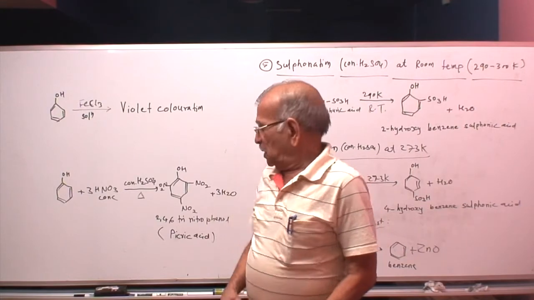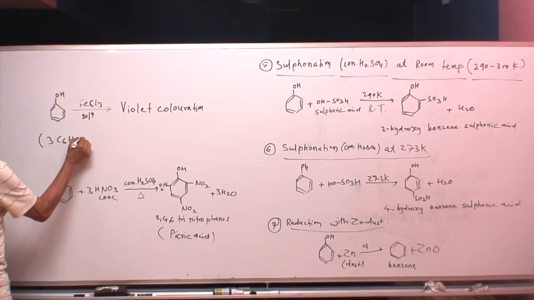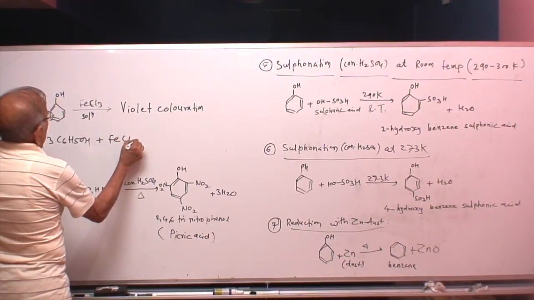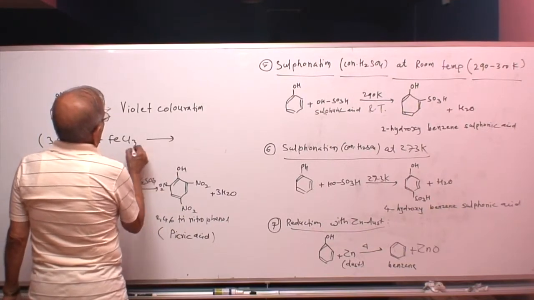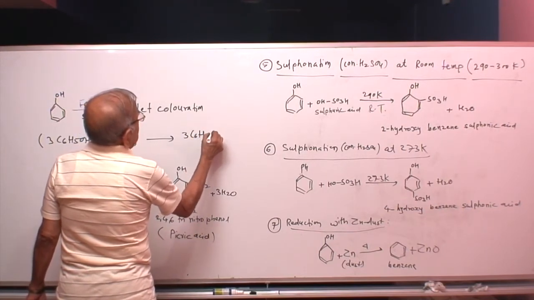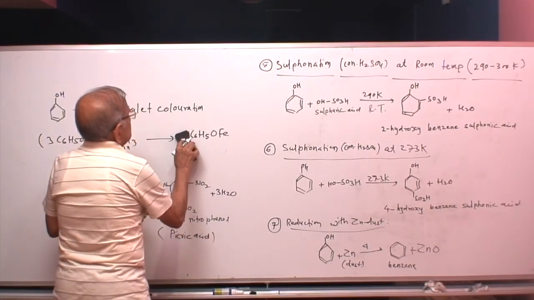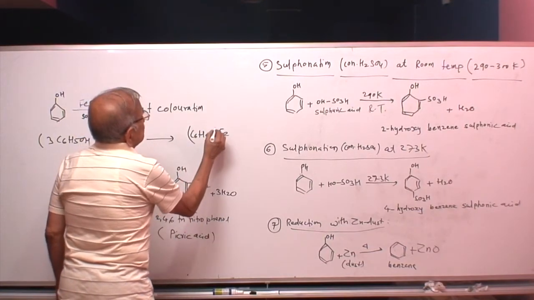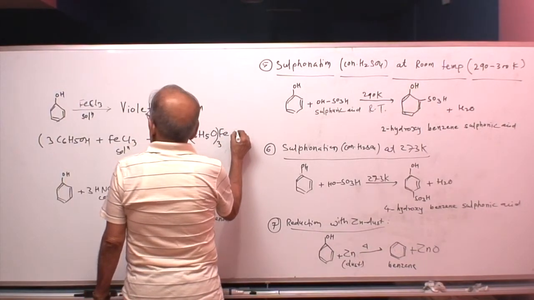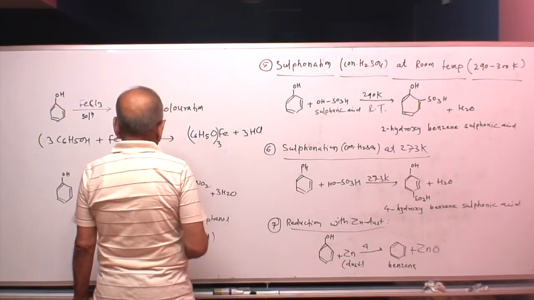That is C6H5OH plus FeCl3 solution gives thrice C6H5O, Fe, ferric phenoxide, plus, of course, thrice HCl.